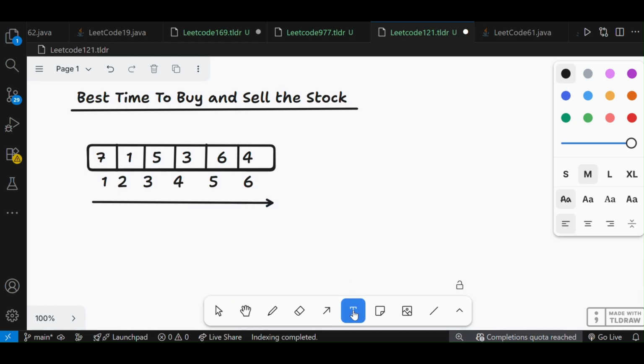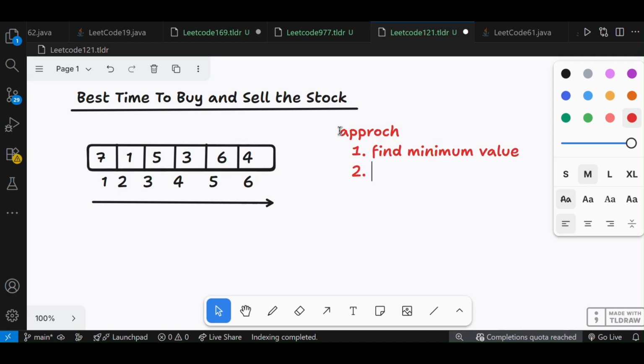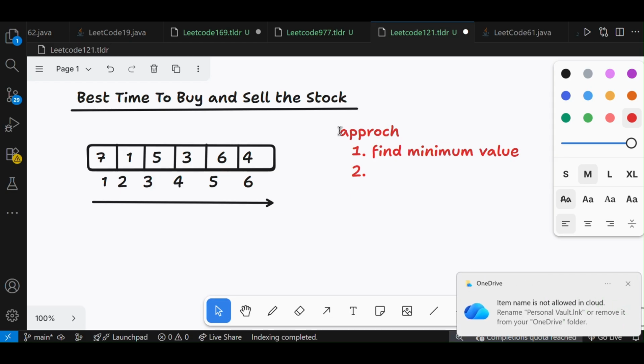So my approach is: first, I need to find the minimum value. In the second step, I need to find the maximum value of my array.